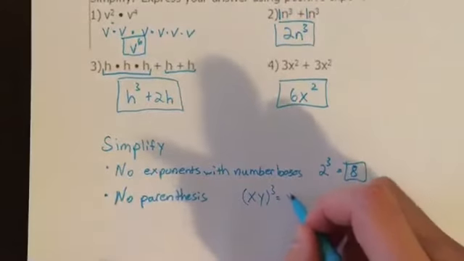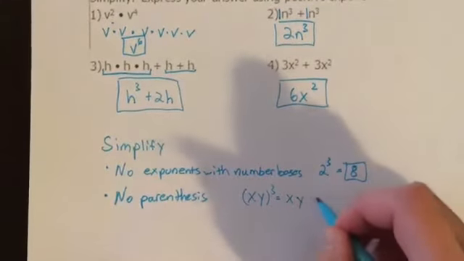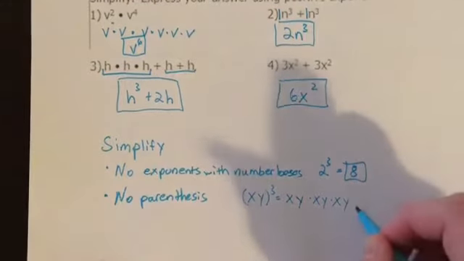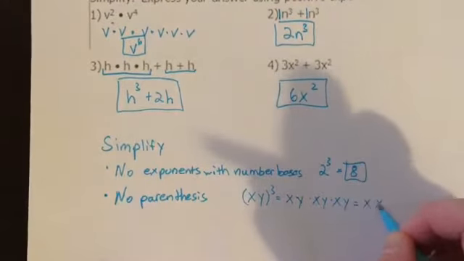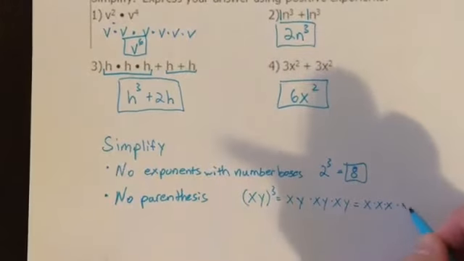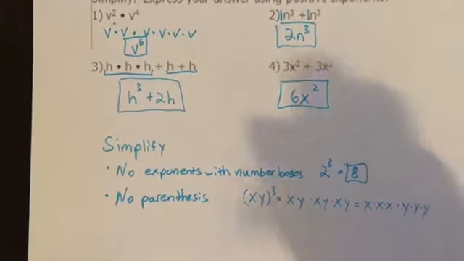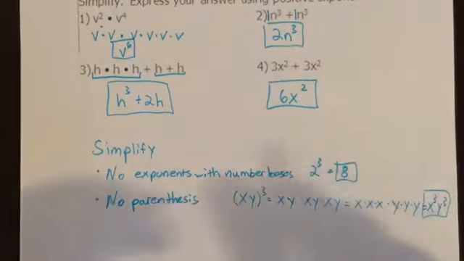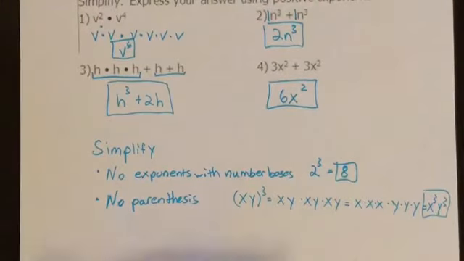Instead, I want to expand that, maybe regroup, and realize that that's going to be x to the third, y to the third. That one was a little advanced for today. That's what we're going to do tomorrow. So let's just think of that example as a little bit of a preview. Okay, so we're going to keep this list and we're going to add to it as we go.